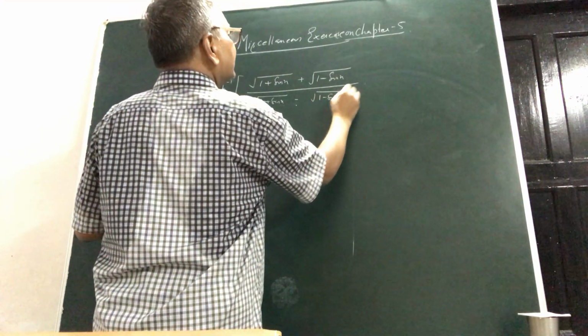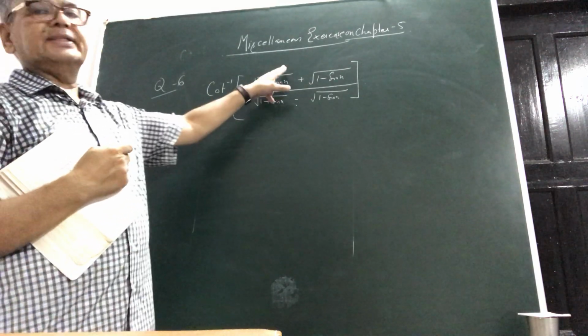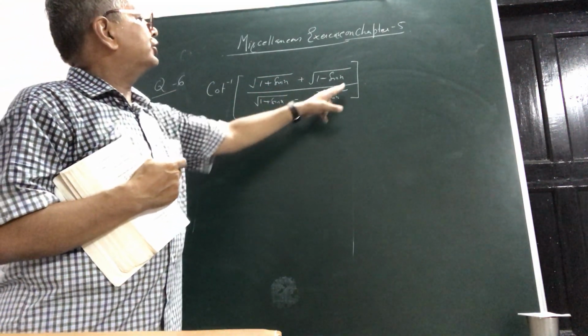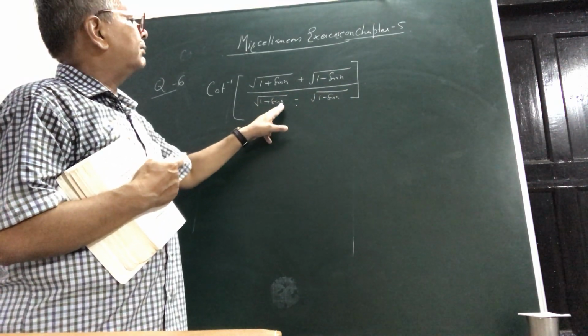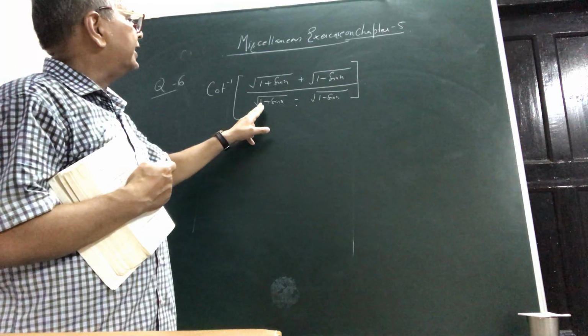Now see, you rationalize this internal function. So you multiply both numerator and denominator with under root 1 plus sin x plus under root 1 minus sin x, both these things.